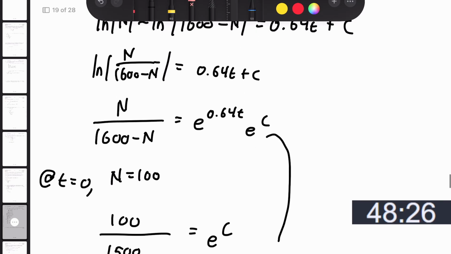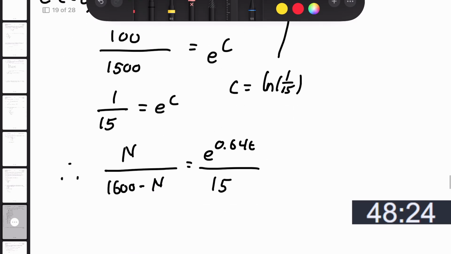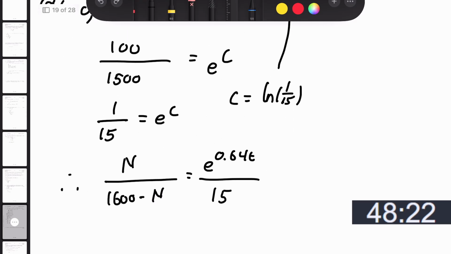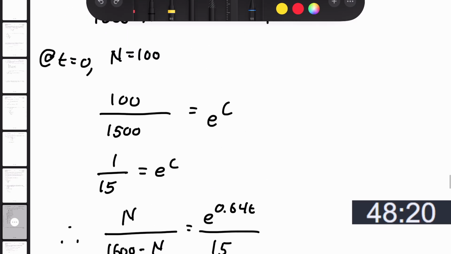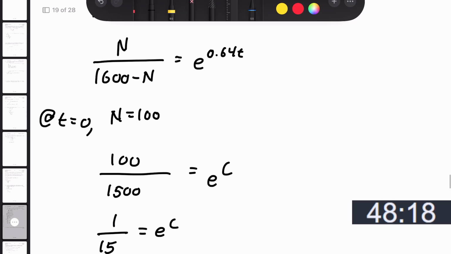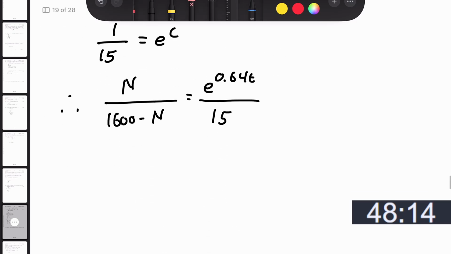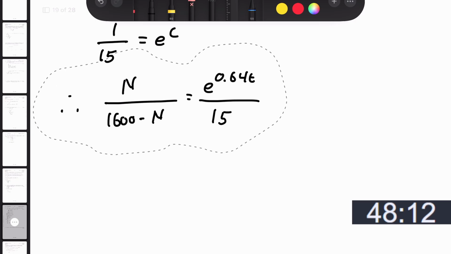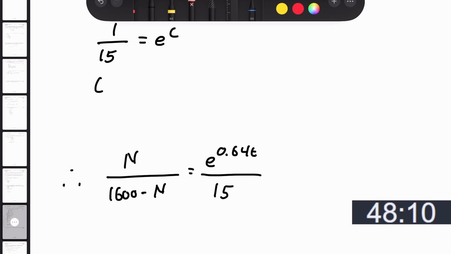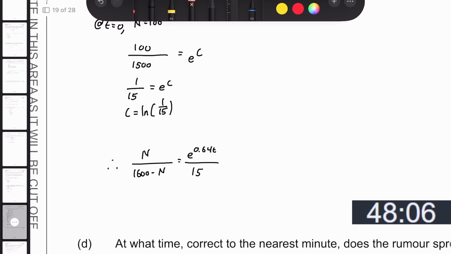But then when I plug that back into here, I'm still just going to get 1 on 15. So now c is equal to ln of 1 on 15.